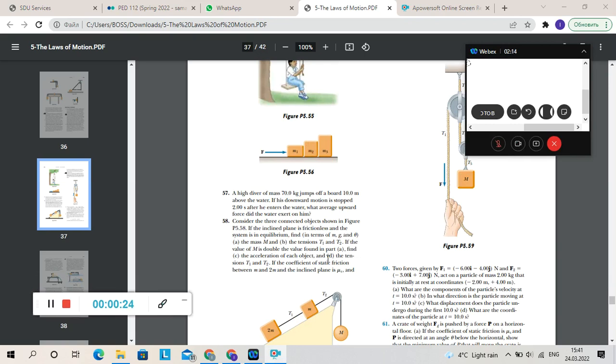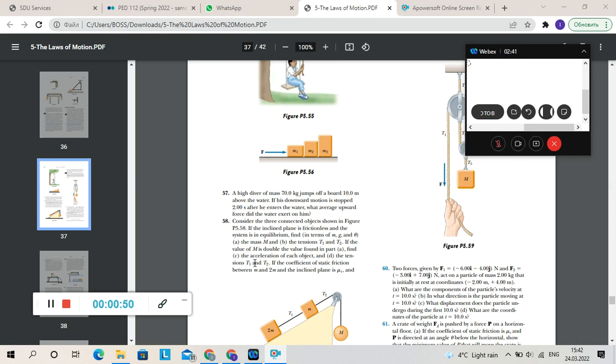Consider the three connected objects shown in figure 58. The inclined plane is frictionless and the system is in equilibrium. Find the mass big M and the tensions T1, T2. If the value of M is doubled from the value found in part A, find the acceleration of the objects and the tensions T1, T2.